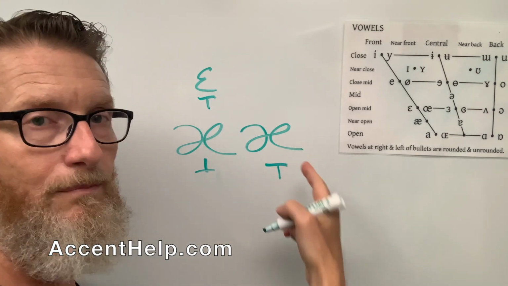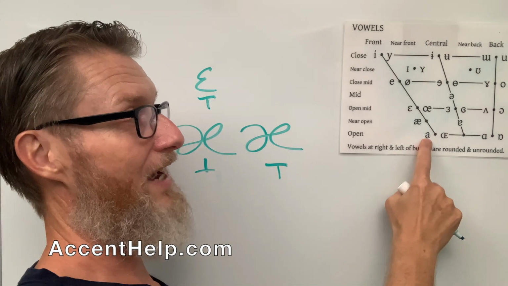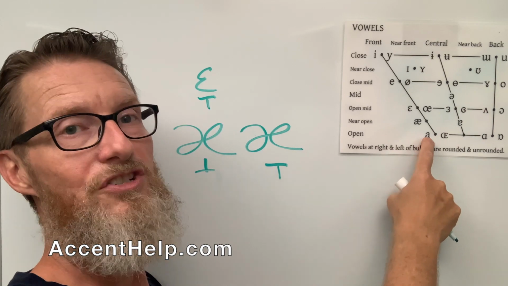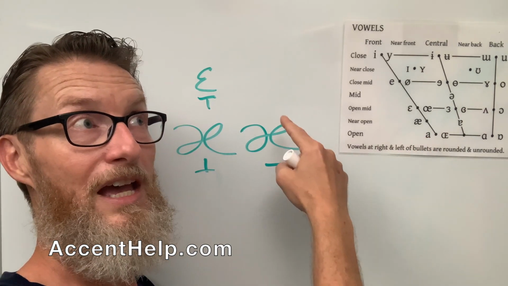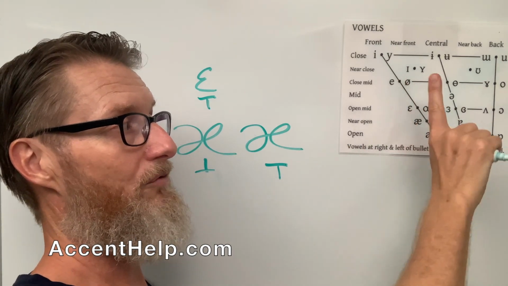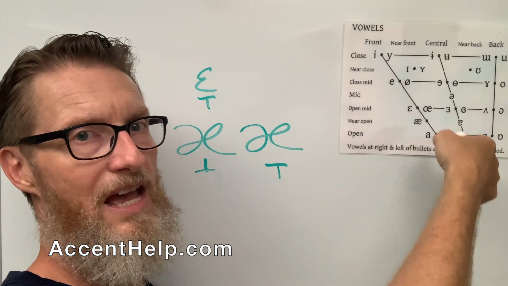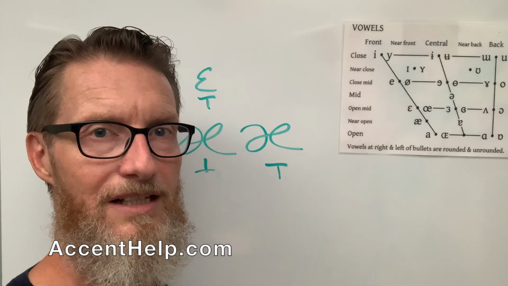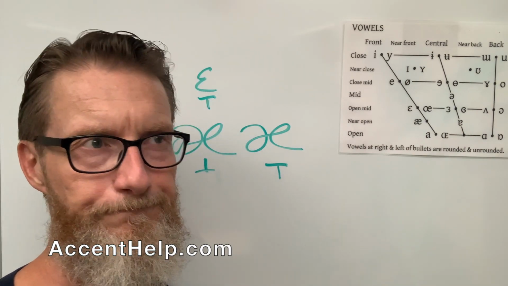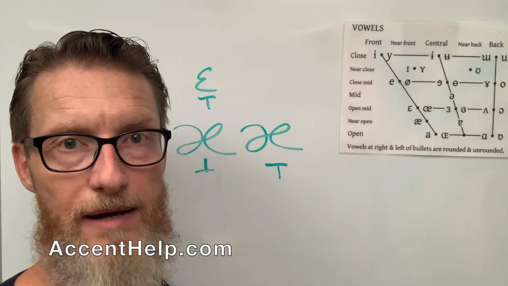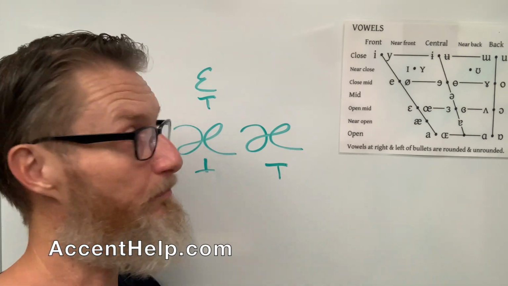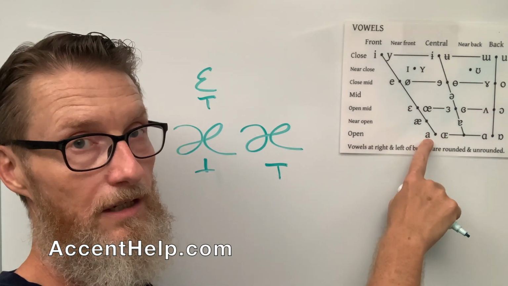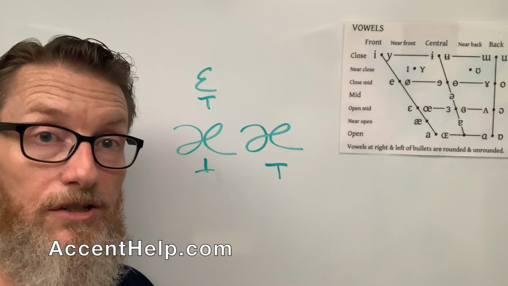They make this much more distinct and they start to take it down so that instead of the American raised trap, it's more trap. So it's not quite approaching like more in the north where trap and bath both go towards this one here, but it's headed in that direction.